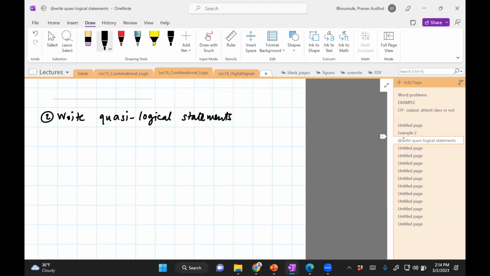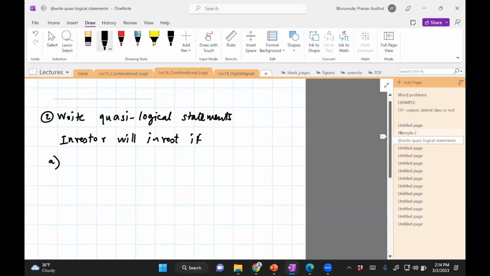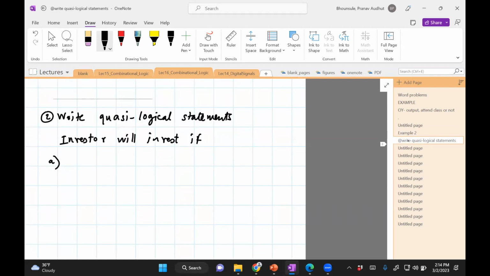Okay, so the investor will invest if, and so here is the first case, mechanical design is good and the sales pitch is rated 3. So let's quantify that. Mechanical design is good.